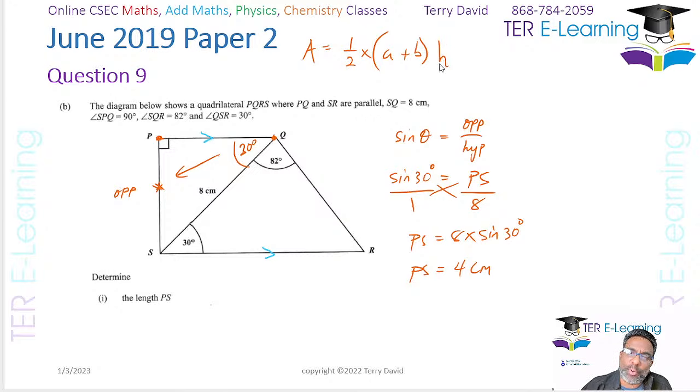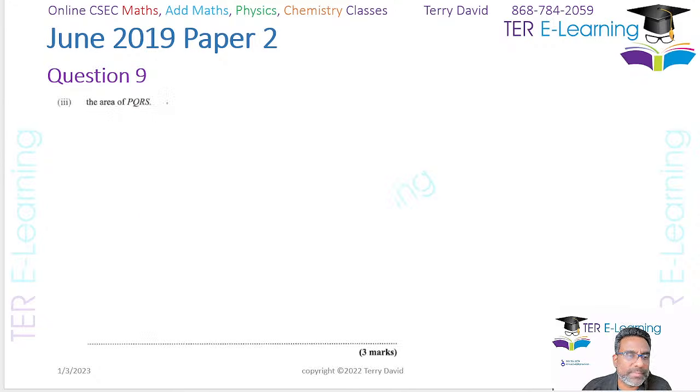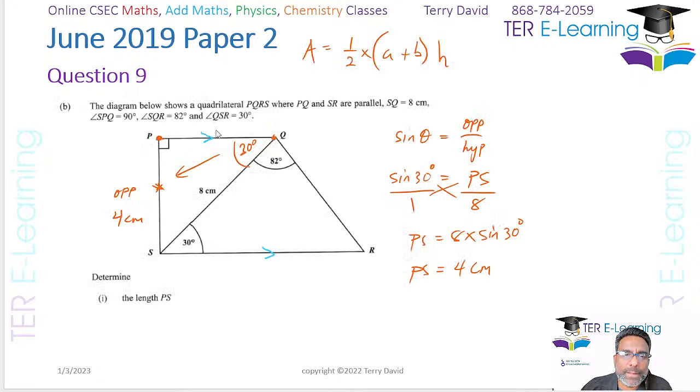Now, do we have all this information? We know this is 4 cm. We also know PQ is 6.93. So the only dimension I'm missing is SR. We need SR in order to do that.